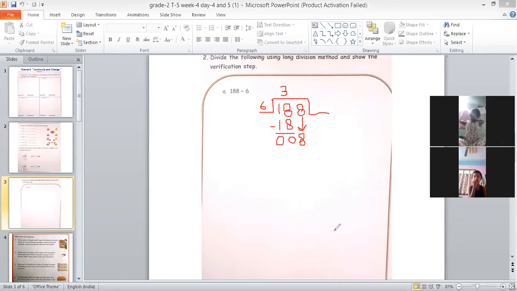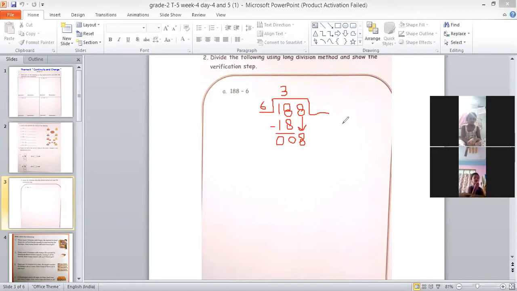So if you recall the 6 table, you will find out that we are not getting 8 in the 6 table. So then we have to think of a number in the 6 table which is smaller than 8 and nearest to 8.